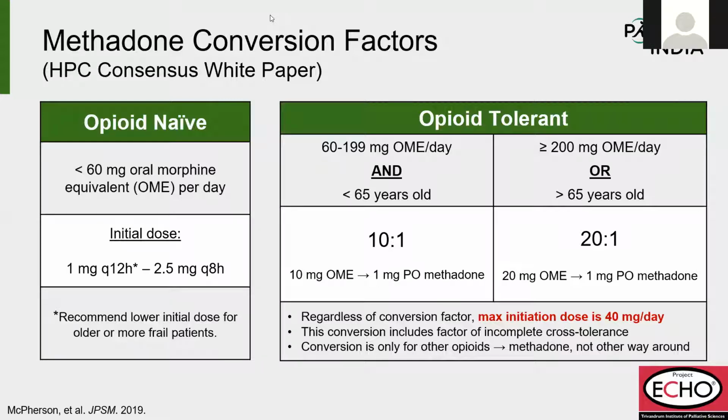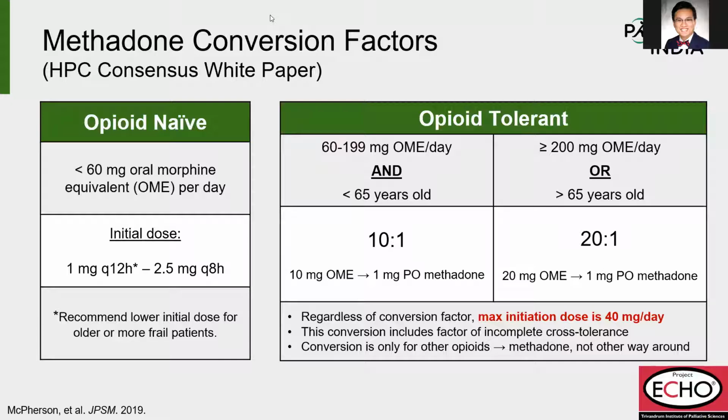I wanted to know whether we can start methadone as a first line of treatment in more than 65 years old patients. Okay, Thea, the question is whether we can start methadone in patients who are over 65 years of age as a first line medication. If we think that methadone would be an appropriate medication, then yes, you can start it in patients over 65.